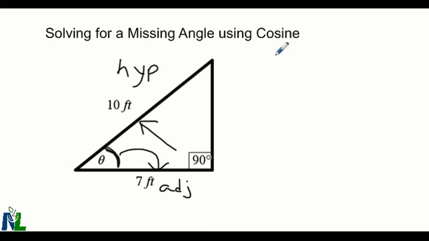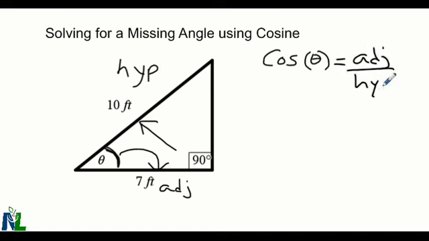And the cosine ratio, we're going to write down as cosine of the angle that we're trying to find, or it could be the given angle if that were the case, is equal to the adjacent side divided by the hypotenuse. So, the cosine of the angle that we're trying to find, theta, is going to equal the adjacent side, which is 7, divided by the hypotenuse, which is 10.